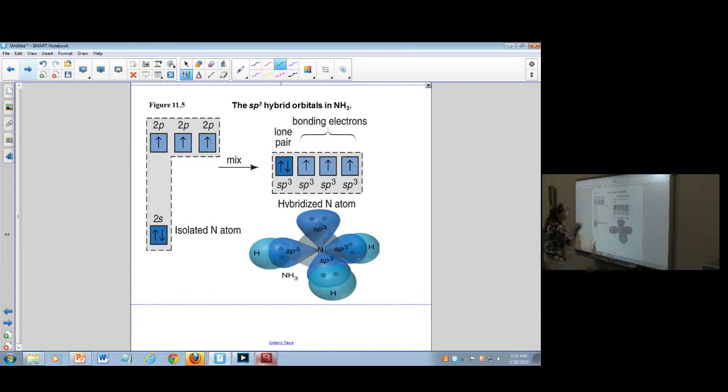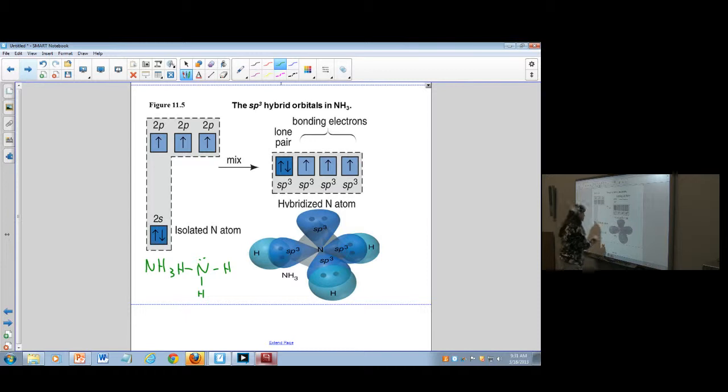For NH3, when you draw your Lewis structure, you end up with one lone pair of electrons and three bonds. When you do hybridization for any molecule where there are lone pairs of electrons, you're going to hybridize enough orbitals to include the lone pair of electrons.